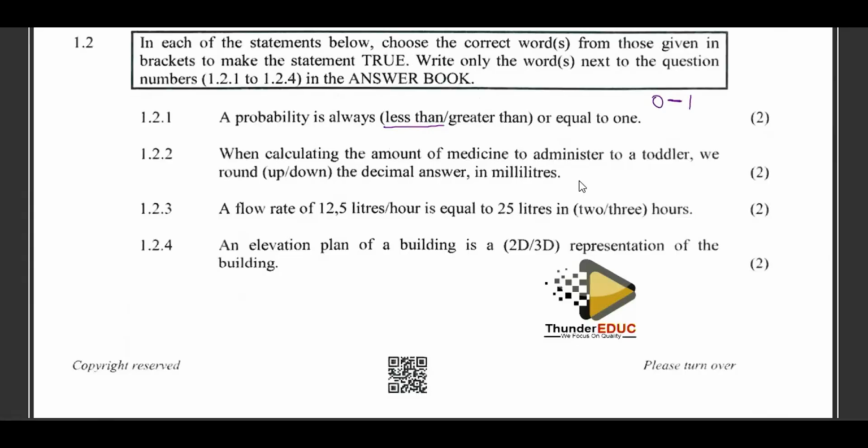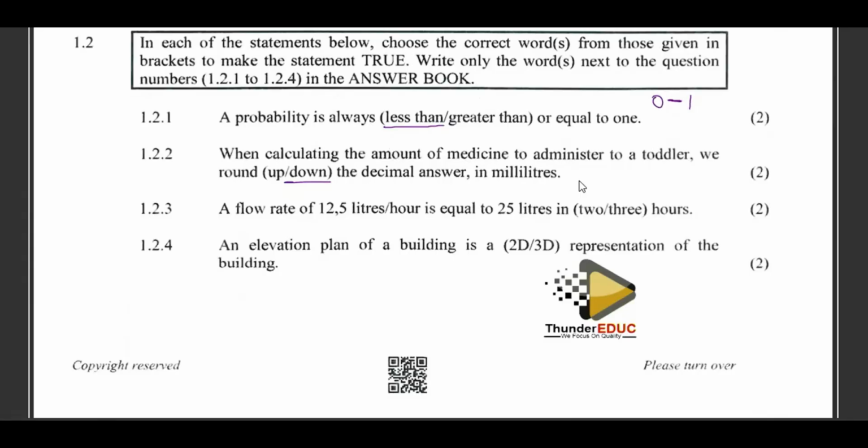Okay. When calculating the amount of medicine administered to the toddlers, we round up or down the medical answer in millilitres. We have to round down to avoid what? Overdose. Okay.